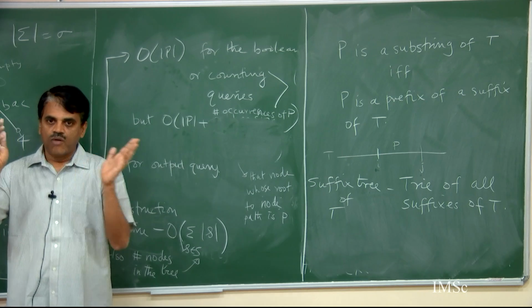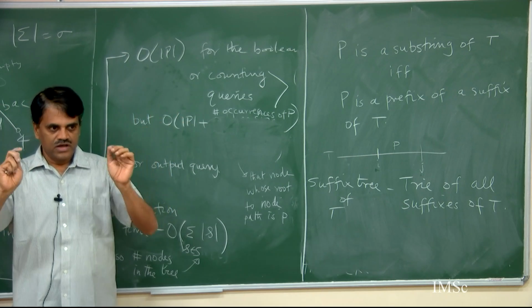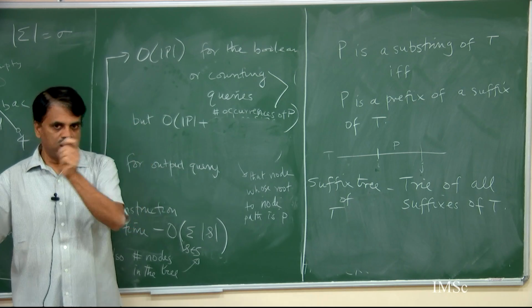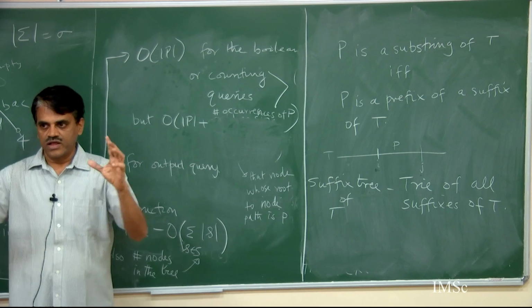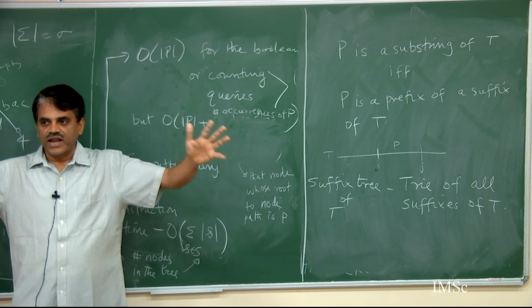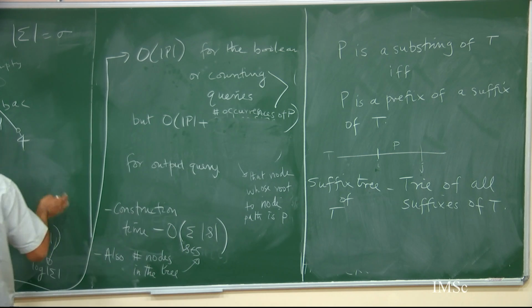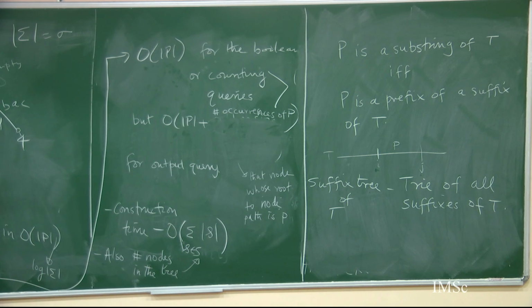How many suffixes are there? If the text is of length n, there are n suffixes. The whole text starting from position 1 to n, 2 to n, 3 to n, 4 to n, and then n alone. These are all the suffixes. Think of this as my collection of strings. Build a trie like this not just for the text, but for all the suffixes of the text.